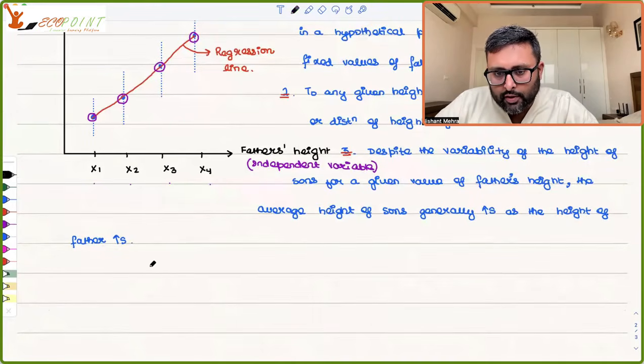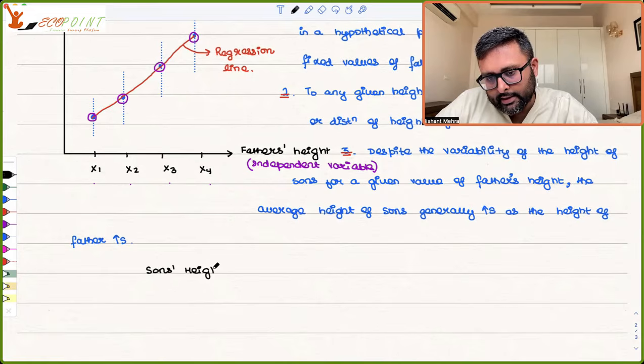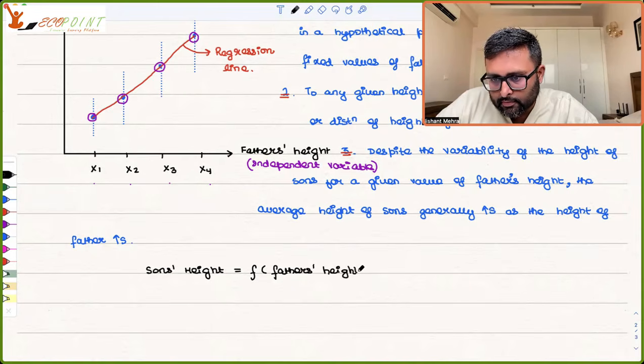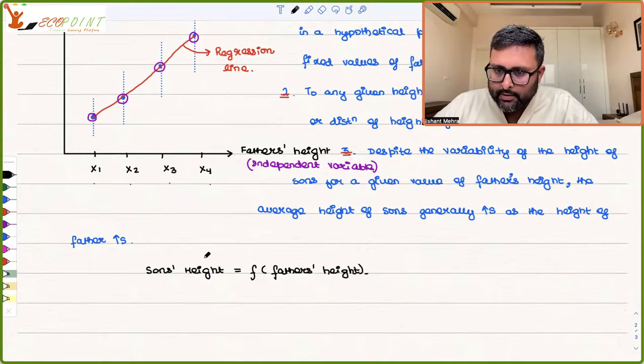So you have son's height is a function of father's height. No? Son's height is a function of father's height.